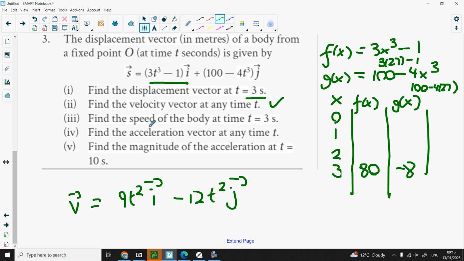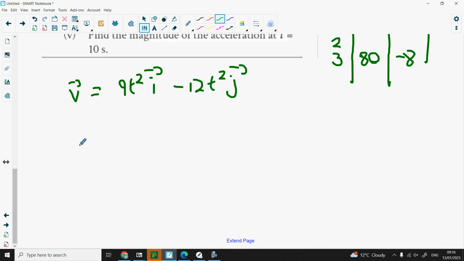Find the speed of the body at time t equals 3. So the first thing we're going to do is sub in t equals 3 to get the velocity, not the speed, just the velocity. So I'm going to sub in t equals 3 here. 81i, yeah. What else? 108j.